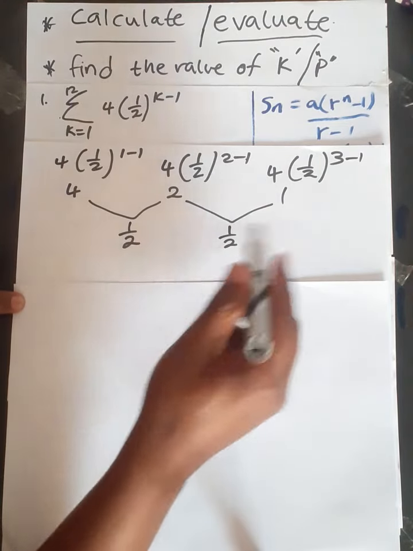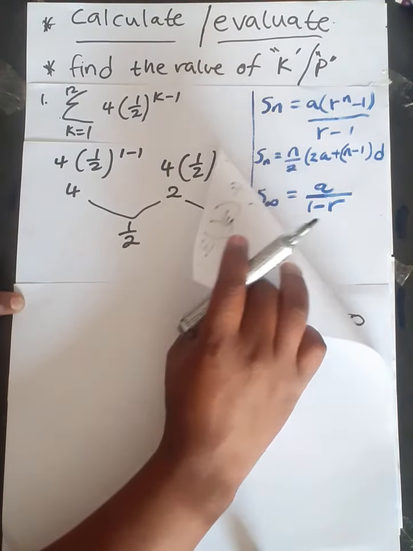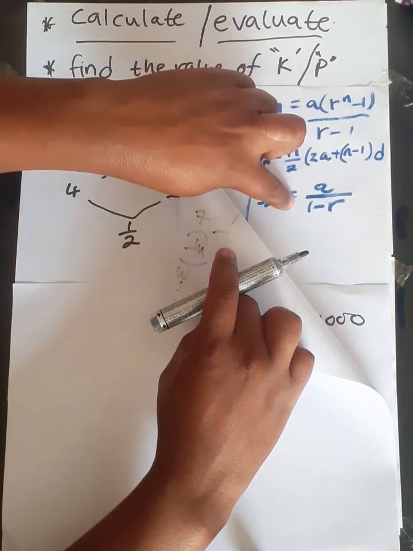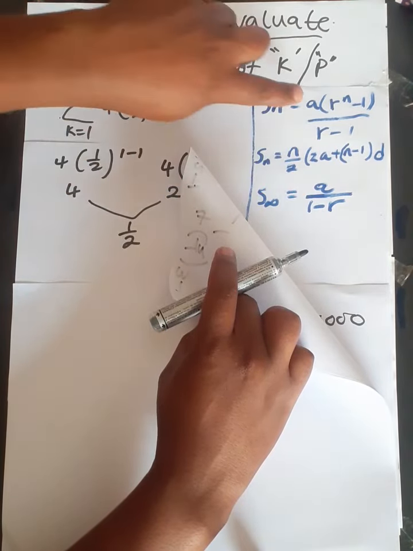Since it's geometric, we have three formulas. We have a formula here for geometric, one for arithmetic, and one for sum to infinity. Since it's geometric, we're going to choose the formula at the top. So Sn is equal to a into r raised by n minus 1, divided by r minus 1.